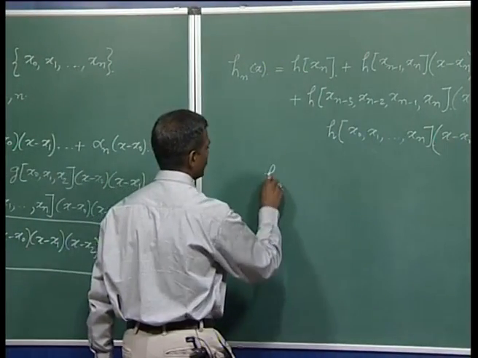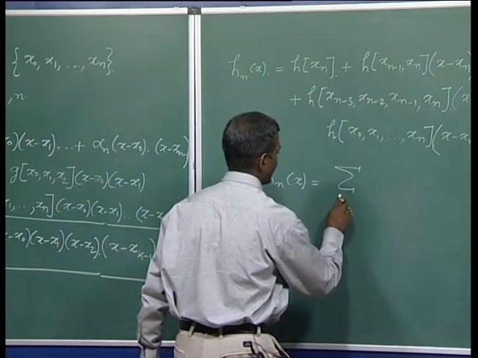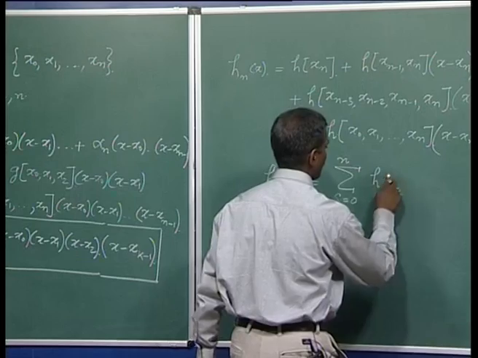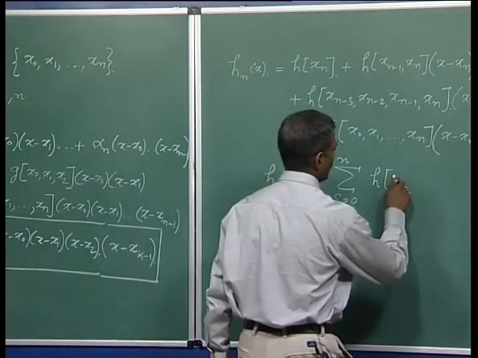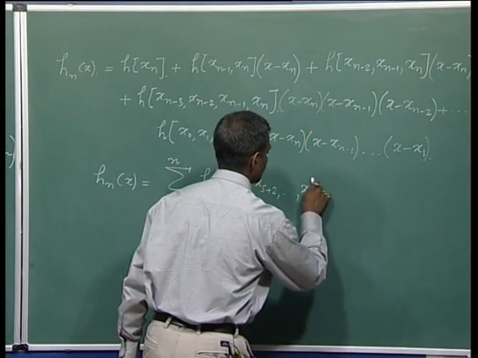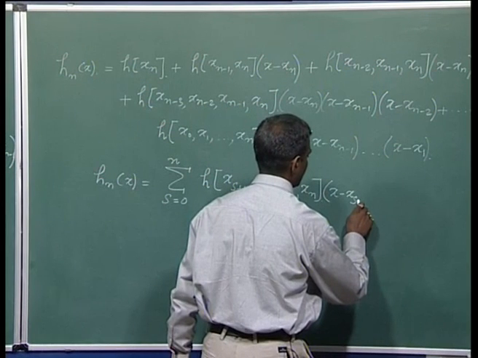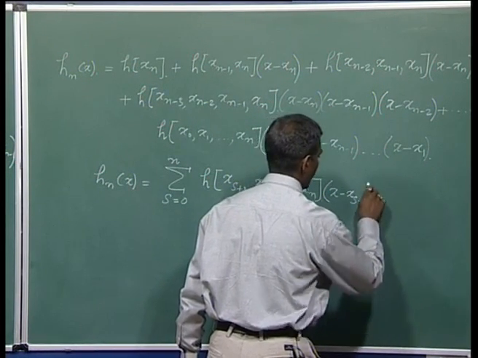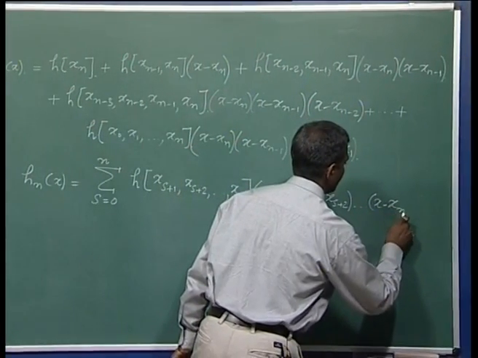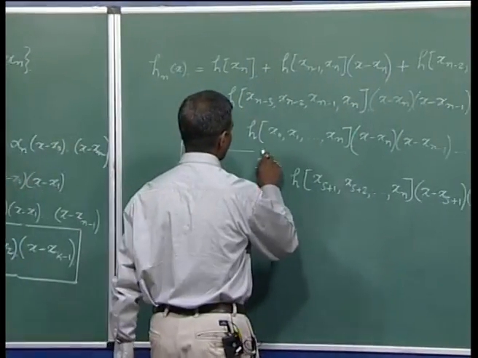In short, I can write hn of x equals summation, index s going from 0 to n, h of square bracket open xs plus 1, xs plus 2 up till xn, times x minus xs plus 1, x minus xs plus 2 up till x minus xn. This is an important result for us, so we'll block it.